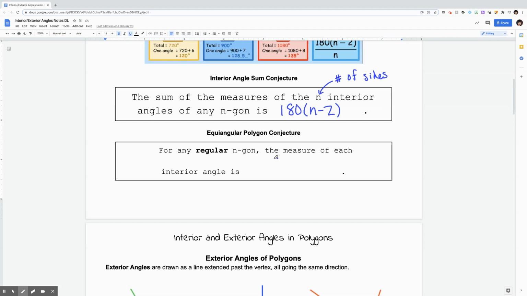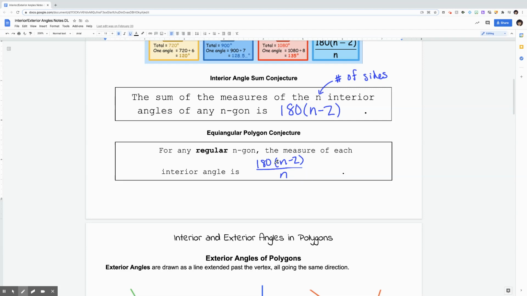And then for regular n-gons or regular polygons, you take the sum, 180 times n minus 2, divided by the number of sides that you have, the number of angles that you have, which is n.